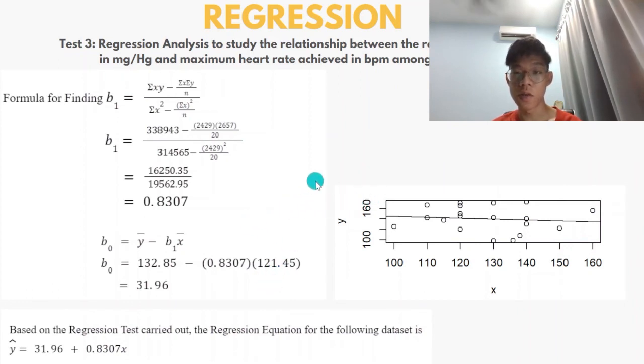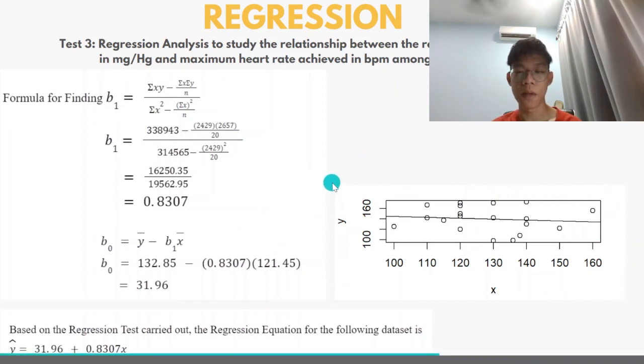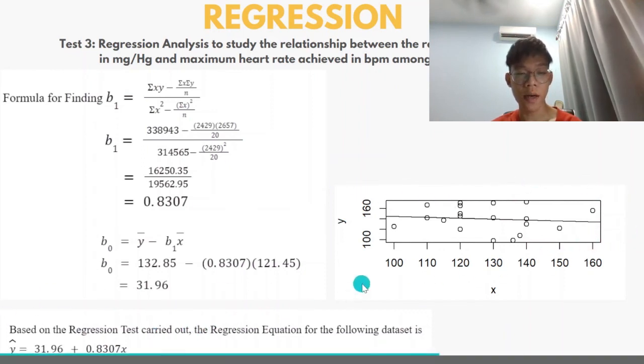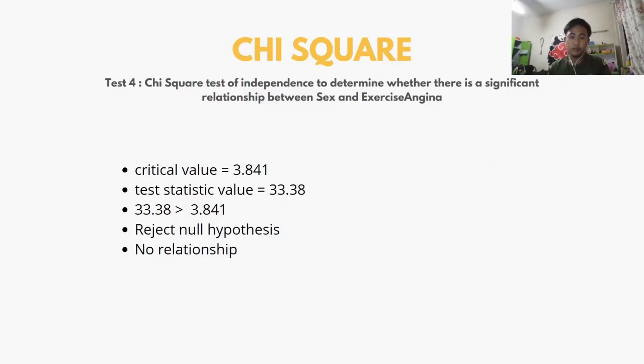By using RStudio, this is the scatter plot that we obtained regarding the regression analysis that we concluded. Hence, based on the regression test carried out, the regression equation for the following dataset is y equals 31.96 plus 0.8307x. Next, I will pass the floor to the next person.